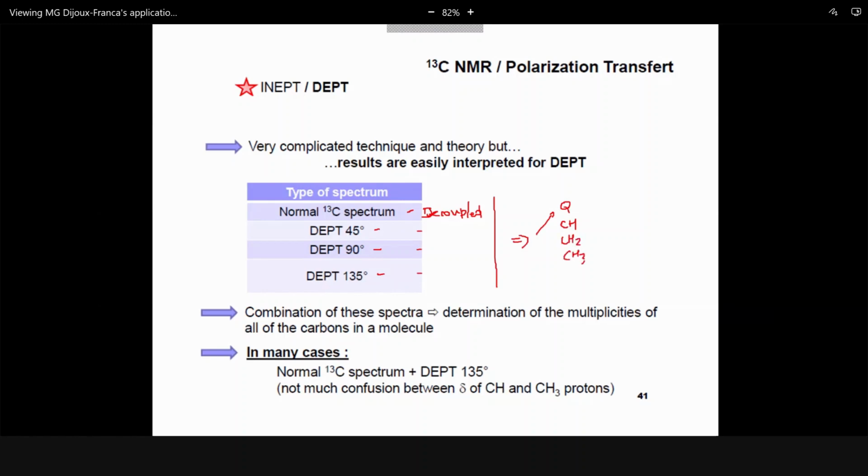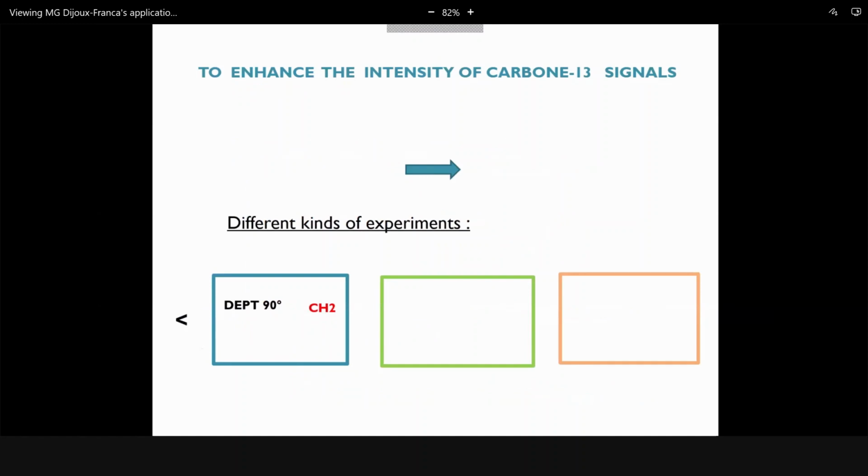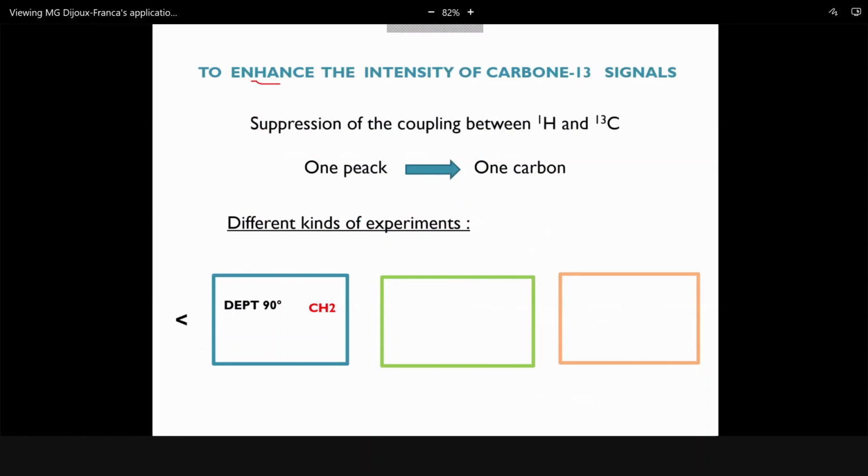And we will combine all the data from these experiments. This experiment, as I said, is also used to enhance the intensity of the signals for carbon-13. First, we suppress the coupling. So for one peak, I will have one carbon, but we will do also other experiments.